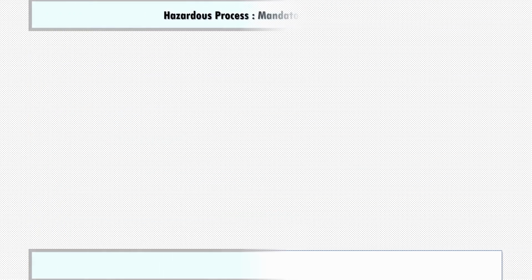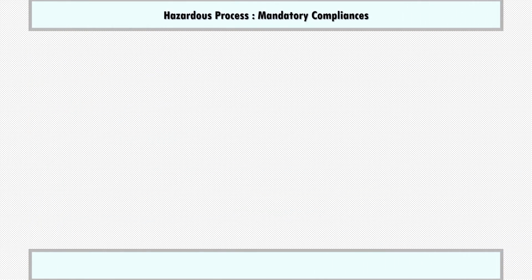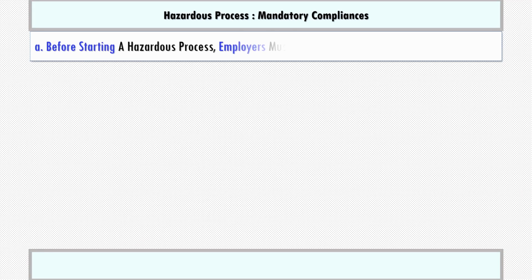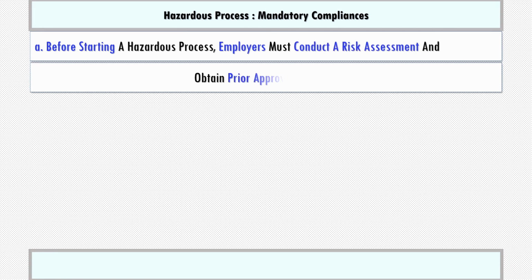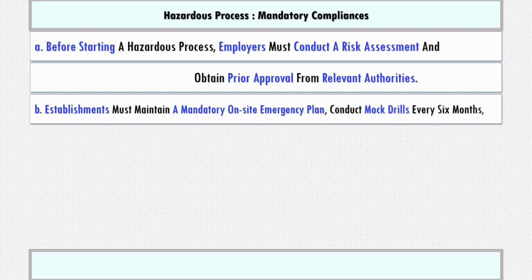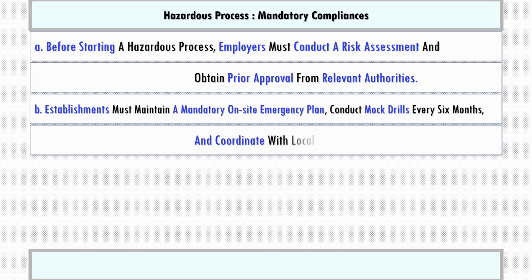Multiple mandatory compliances are specified in respect of hazardous processes. Before starting a hazardous process, employers must conduct a risk assessment and obtain prior approval from the relevant authorities. The establishments must maintain a mandatory on-site emergency plan, conduct mock drills every 6 months, and coordinate with the local disaster management authorities.